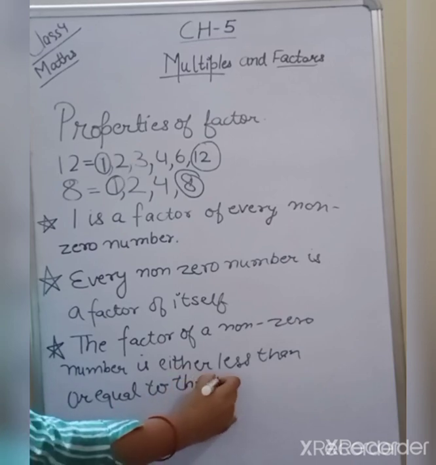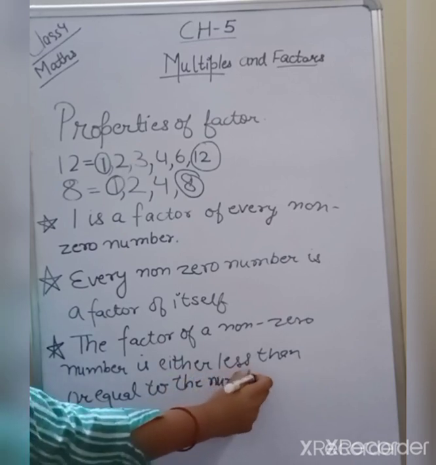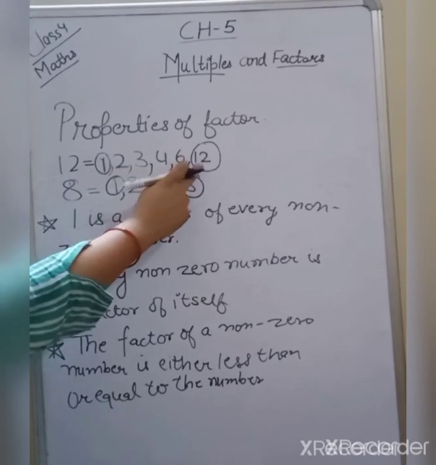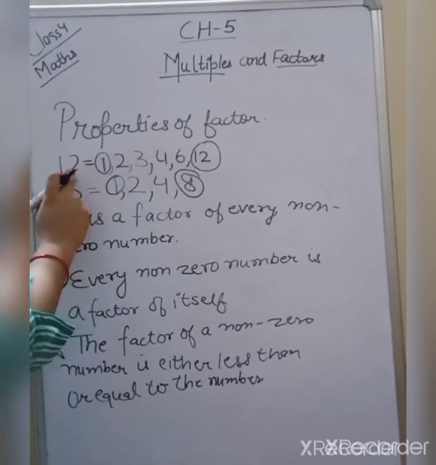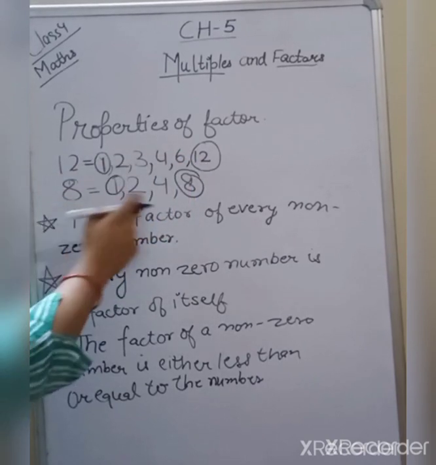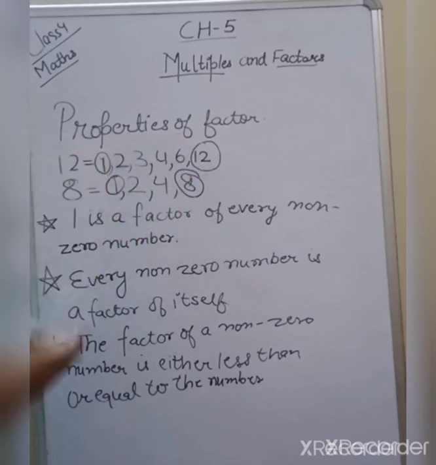If you notice in the above two numbers, the factors are either equal, here 12, 12, 8, 8, or less than the number. Now, what is the next property?